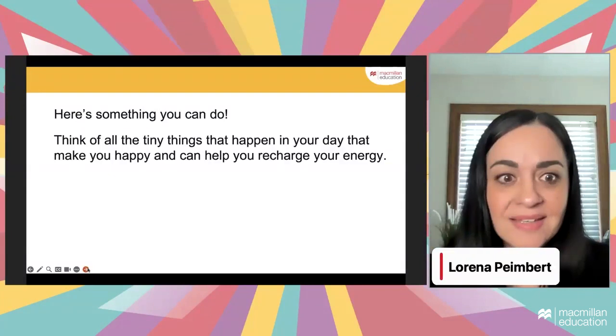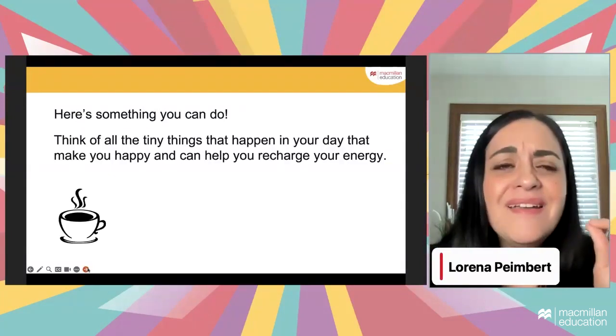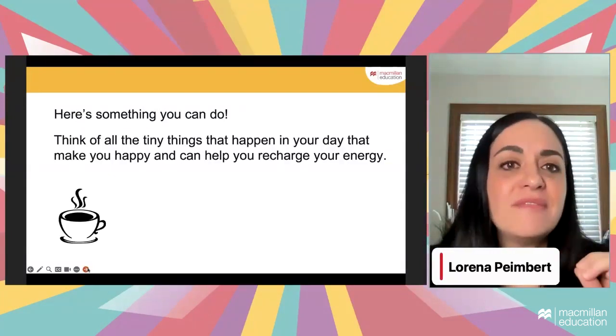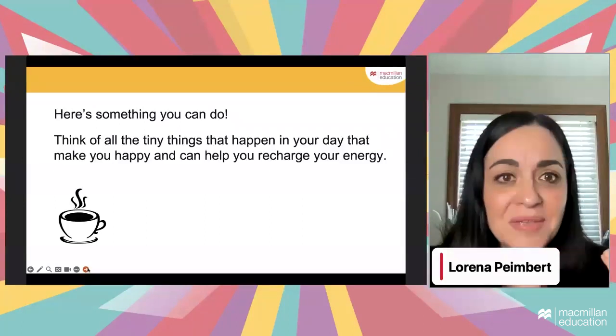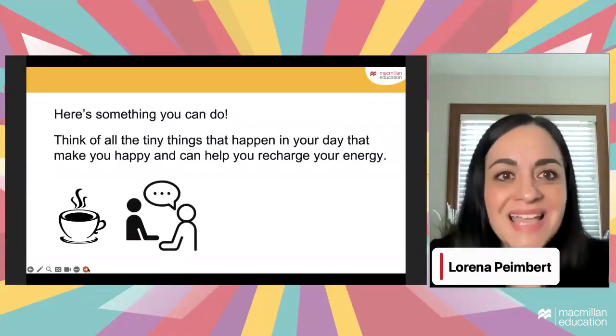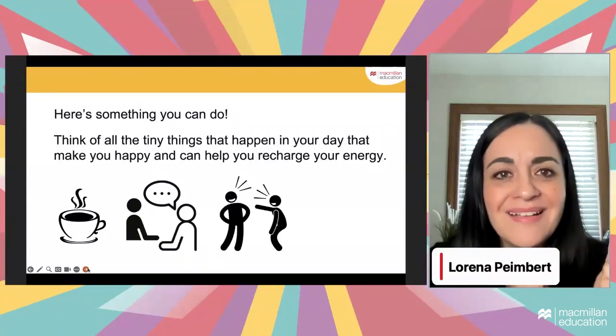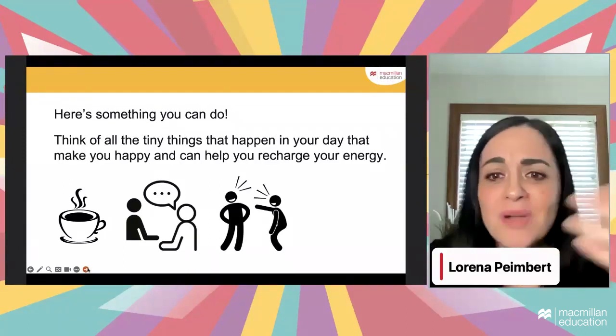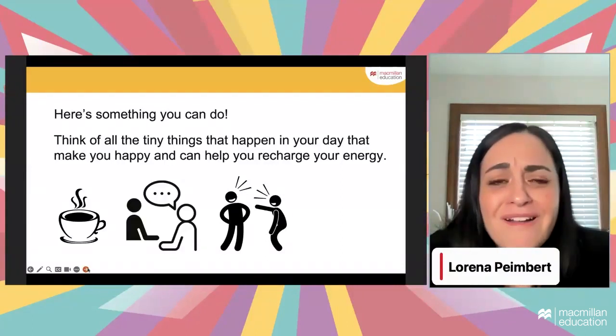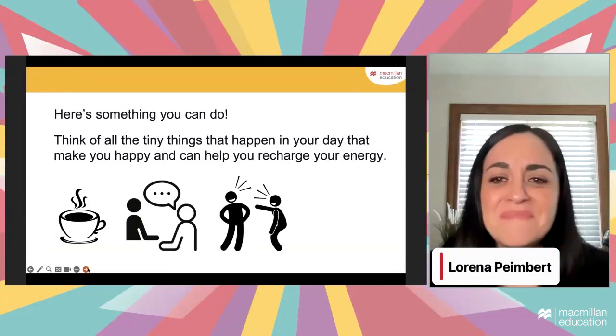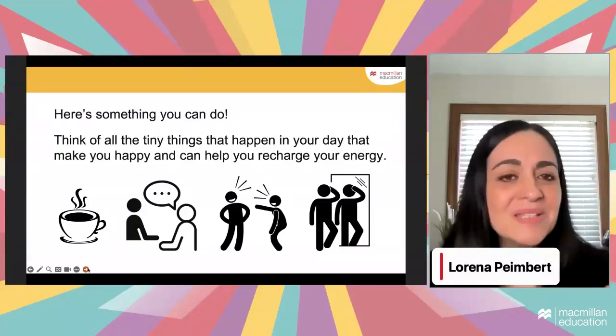Tiny things. Like today, oh, I got my favorite beverage and I loved it. Thank you. I had a chat with a very good friend and I liked it. Thank you. Someone told me a joke or I watched a video and I laughed so hard. I felt so happy. Thank you. I look at the mirror.